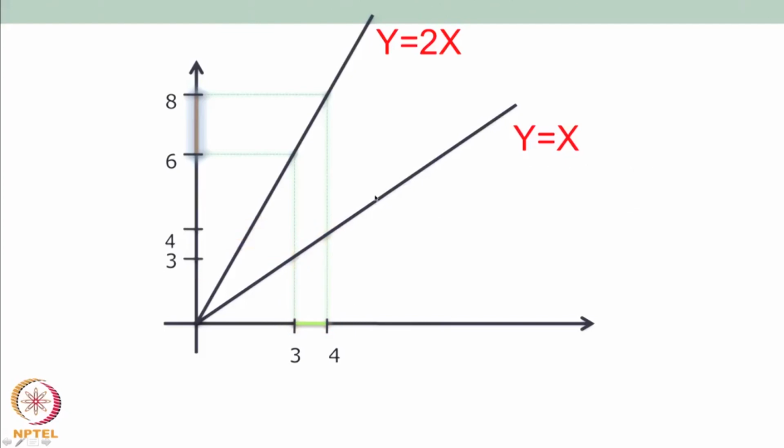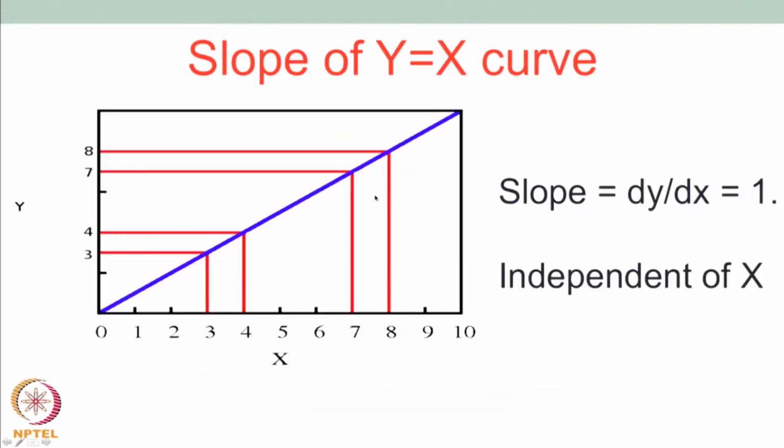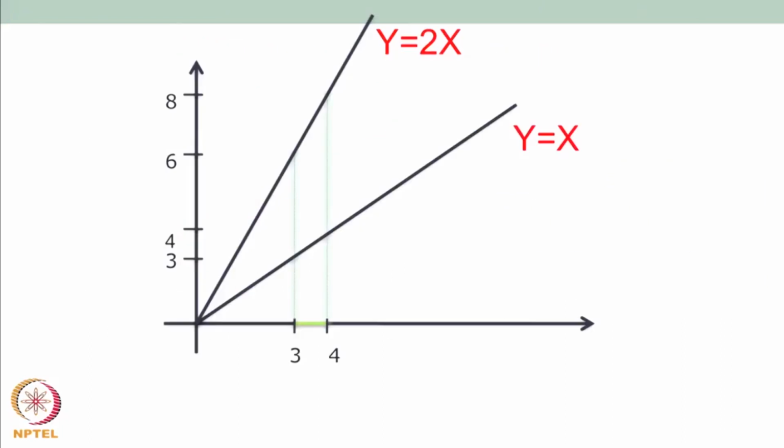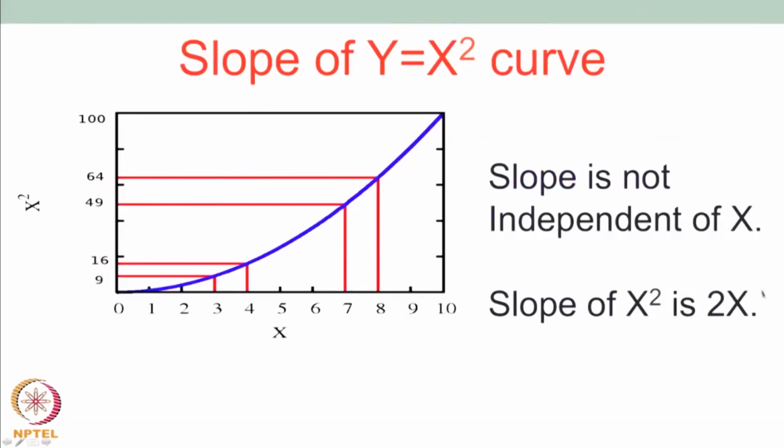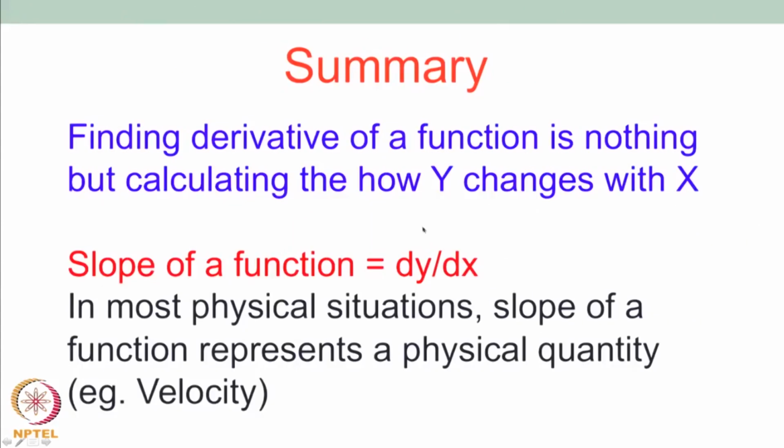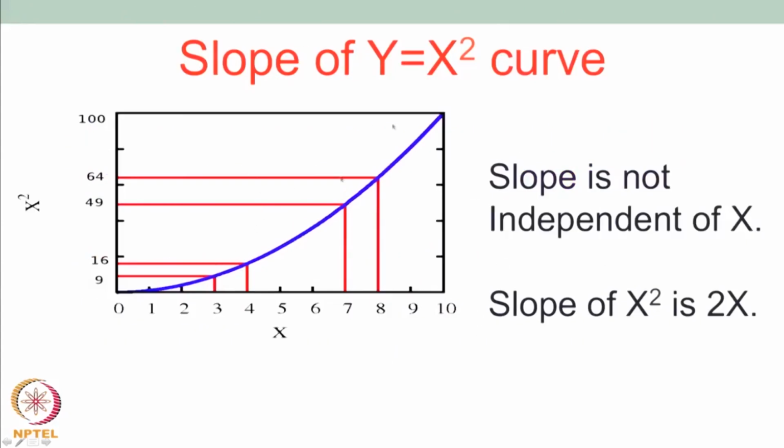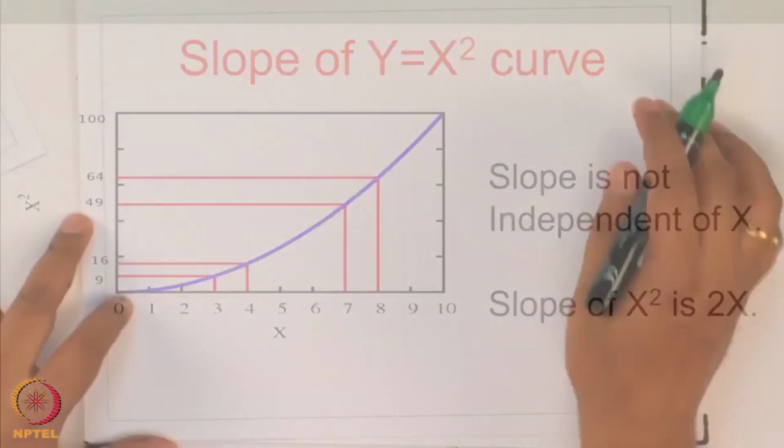On the other hand, in the earlier straight line, if I calculate the slope here or here, it is the same. So in the straight line, slope is independent of x, but in this case, slope is dependent on x, and the slope for this is 2x, which we will come back and learn about. But at the moment, it is enough to understand that at different places you calculate the slope, you will get different numbers, and we will come back and learn about this in detail.